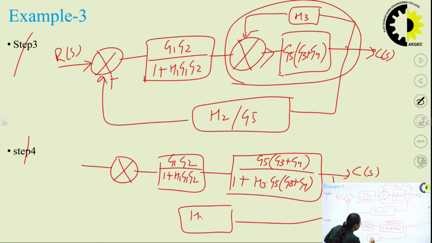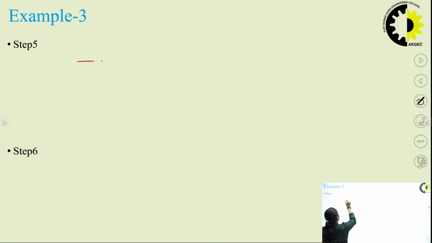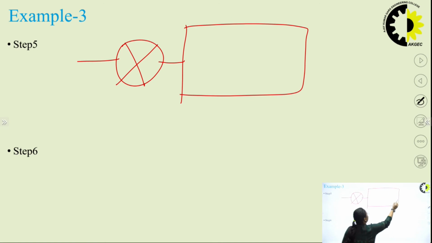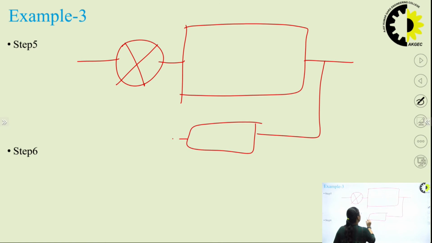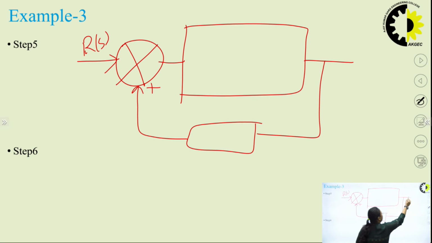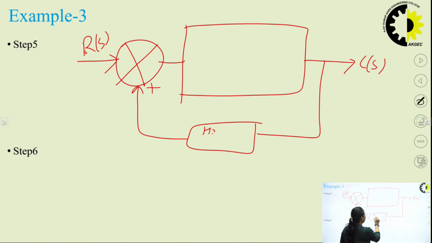Now you can see what I am getting here. This is a positive sign given in the question. So these two blocks further can be simplified with a single block, and then a feedback is formed. So I am connecting these two blocks in series and representing them as a single block. And I am here having a block. This is R(s). Here we have plus sign. Okay, this is C(s), and this is H2 upon G5 now.